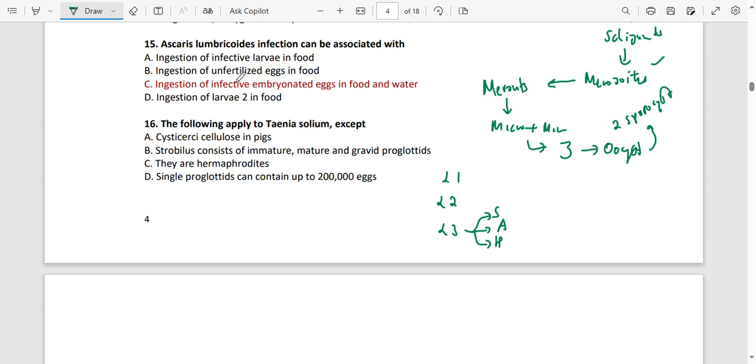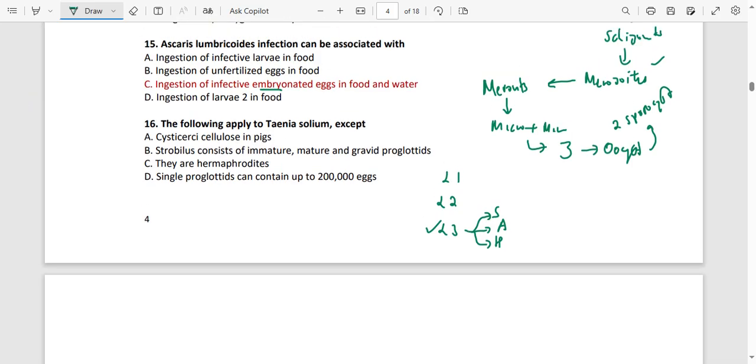So ingestion of infective embryonated eggs in food and water. Yes, these embryonated eggs are the ones that actually will contain this larva. Remember, they're embryonated, not just any egg, but the embryonated egg. And we take them in.